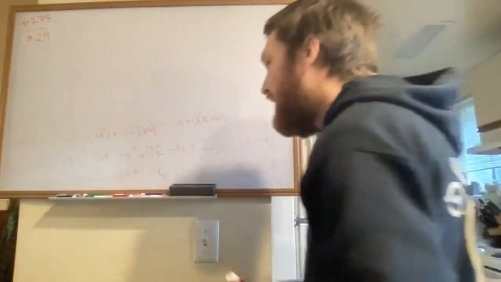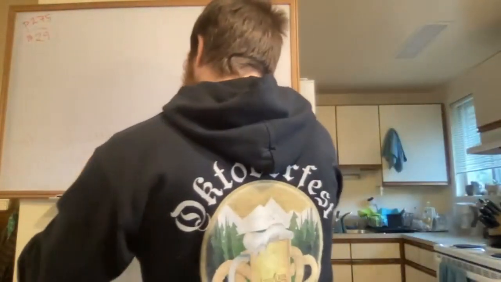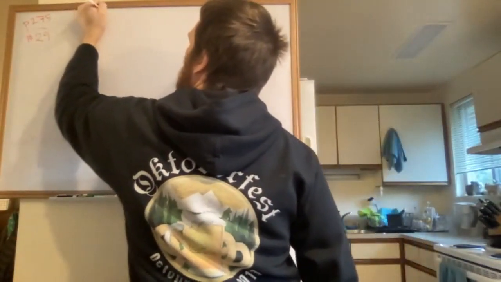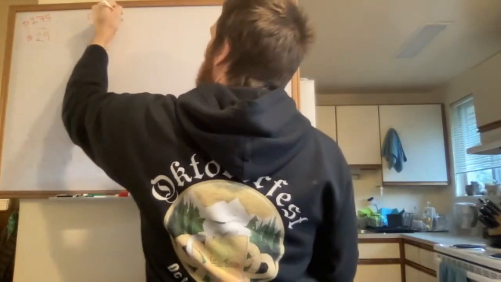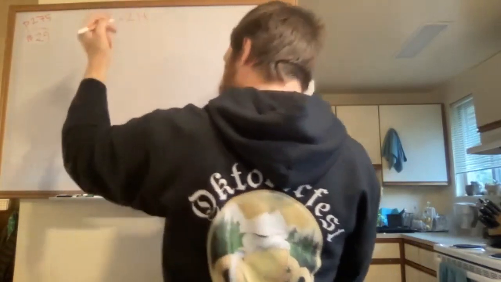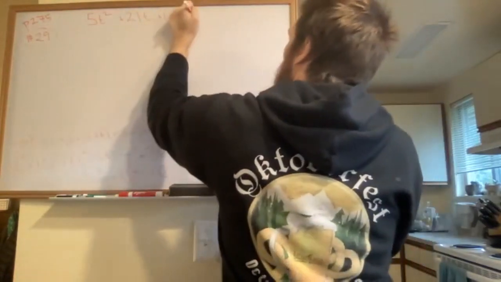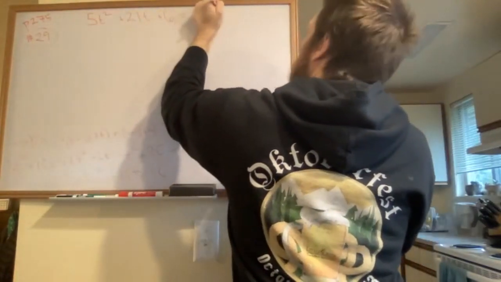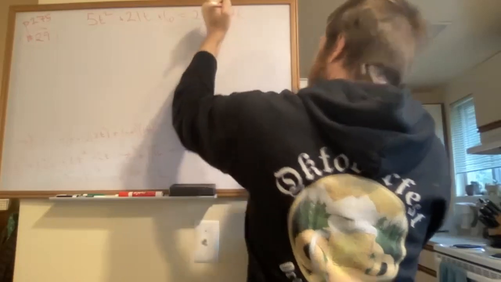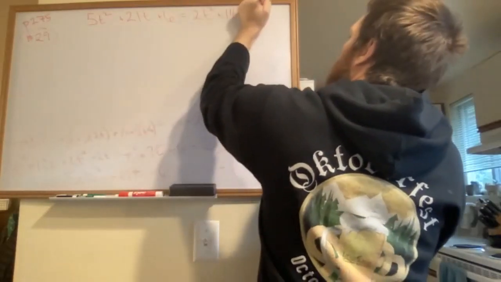Remembering that we're solving for t. Okay. So let's see. We have t squared plus 21t plus 6 equals 2t squared plus 14t plus 12.